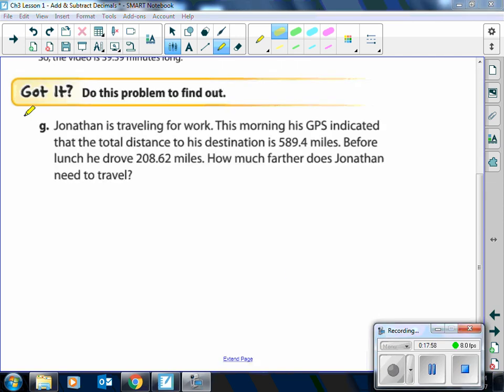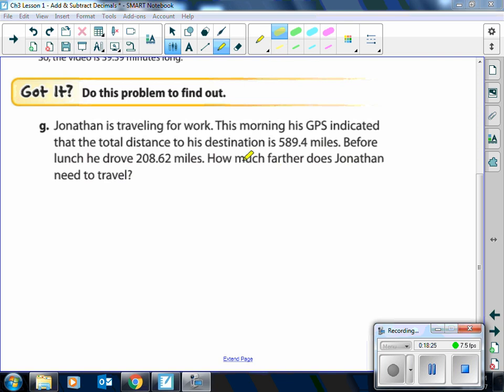All right, so for the next one, Jonathan is traveling for work. This morning, his GPS indicated that the total distance to his destination is 589.4 miles. Before lunch, he drove 208.62 miles. How much farther does Jonathan need to travel? What operation are we going to do here? Subtracting.